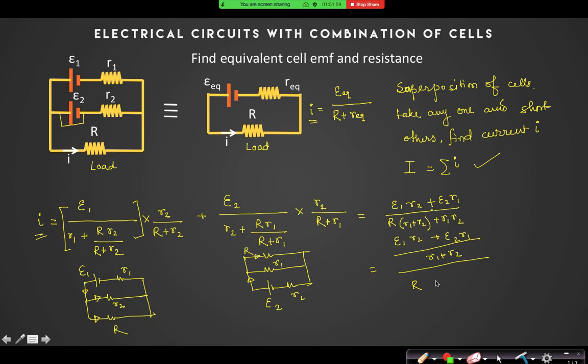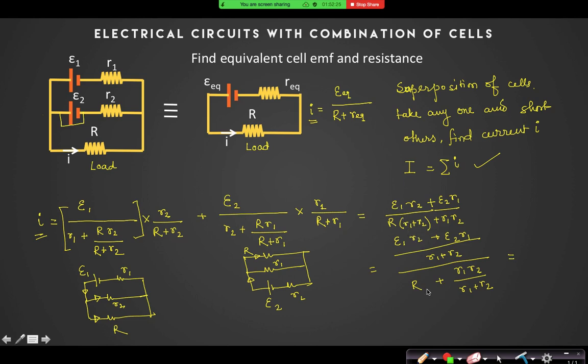Now can I say that it is in a similar form that we have expressed like this? Yes, sir. Right? So in that case, explain this step once. I have divided numerator and denominator by R1 plus R2. Why?